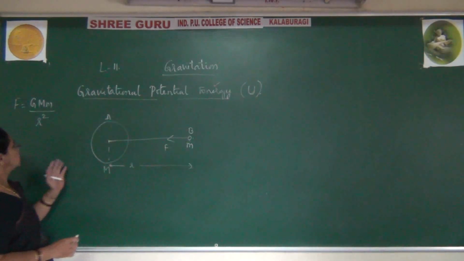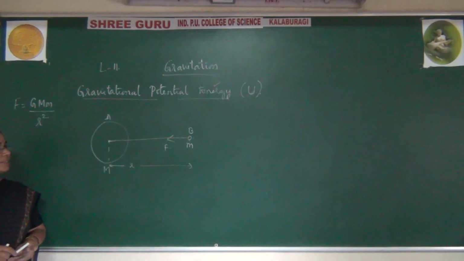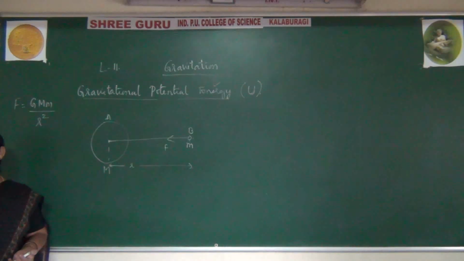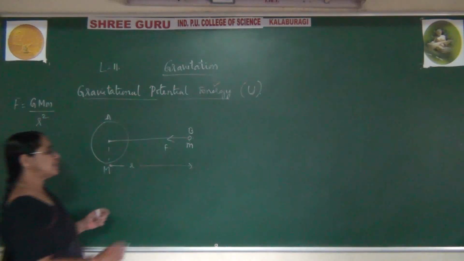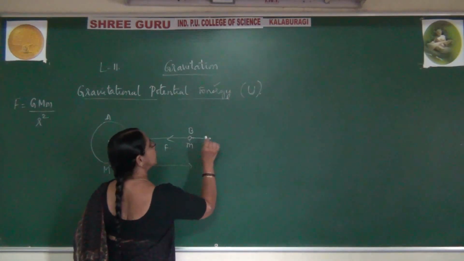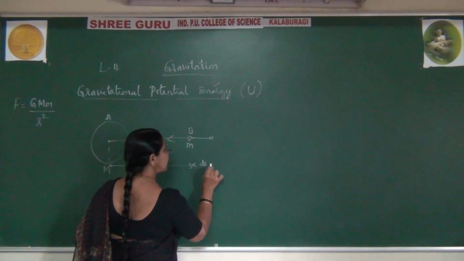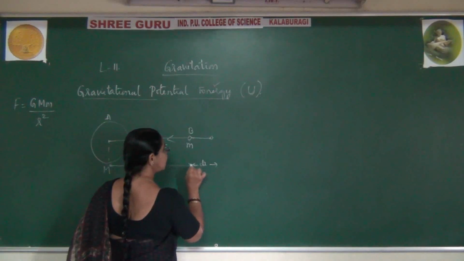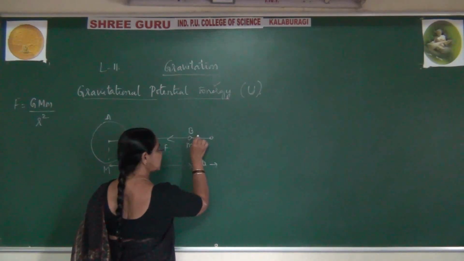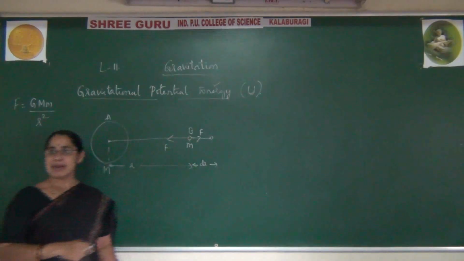Now what I am doing here, I want to push this mass a small distance. This is a very large distance, so I am pushing the mass a small distance, for example up to here, which we call dr. I am pushing the mass here, which means I am applying force.